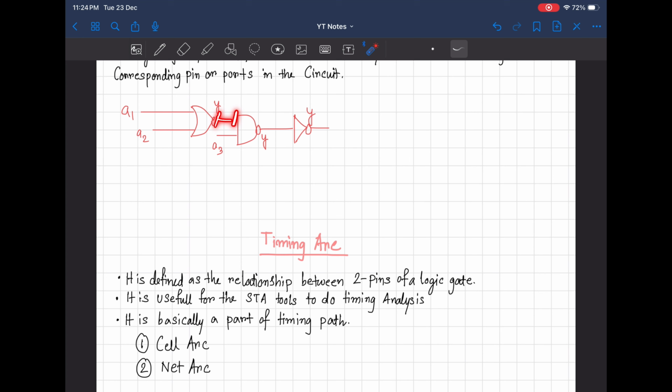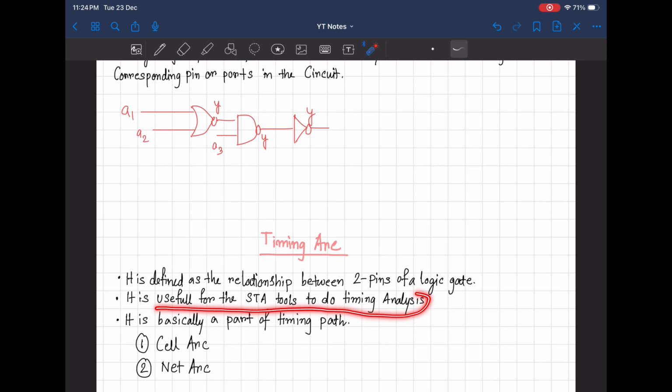As I said, suppose this is one pin and this is another pin. This is one of the net arcs. This is one pin of the cell, this is another pin of the cell. What is the relation of these two pins? This is a cell arc.